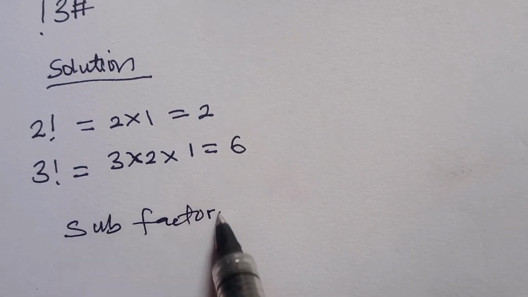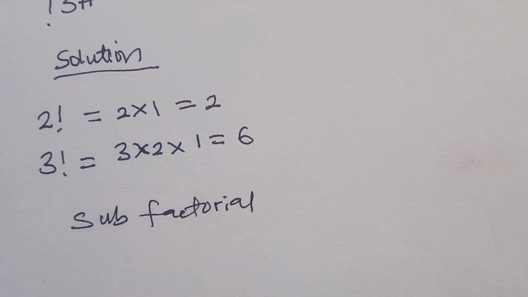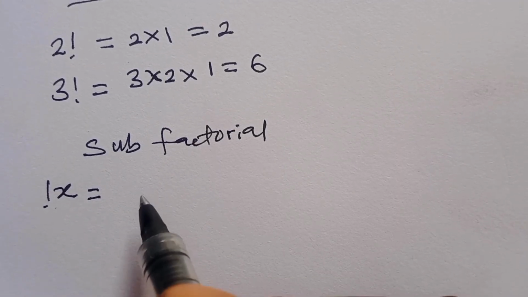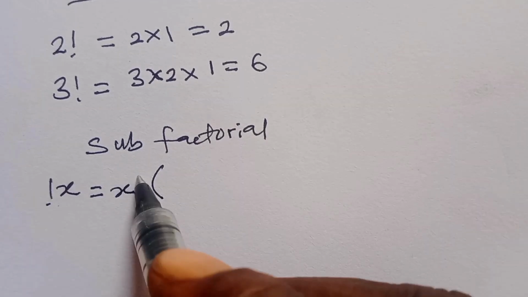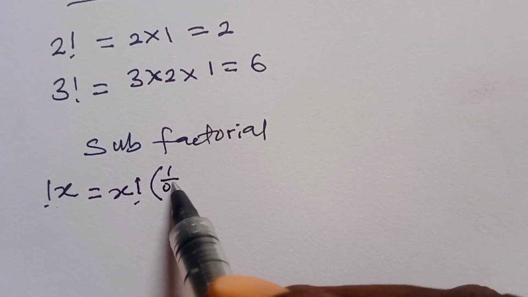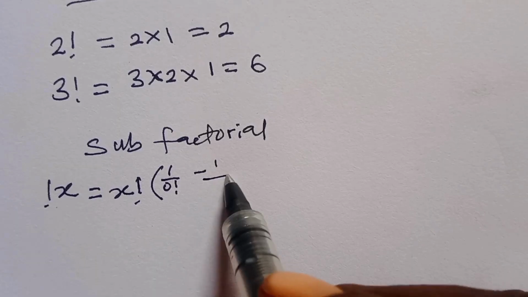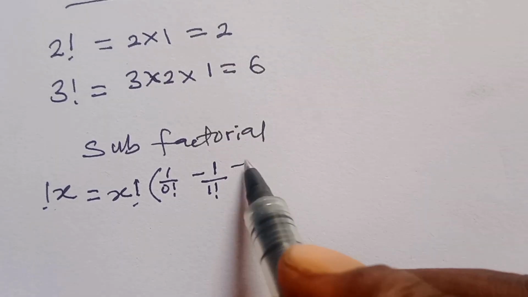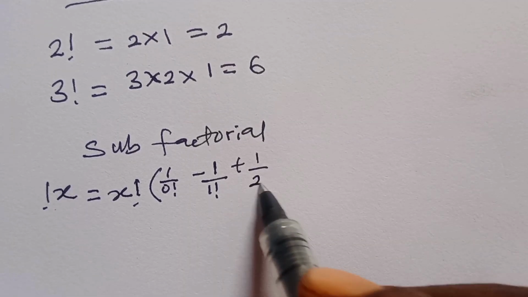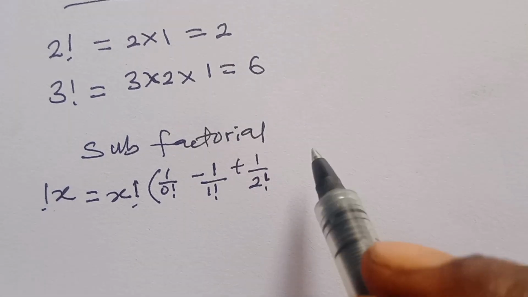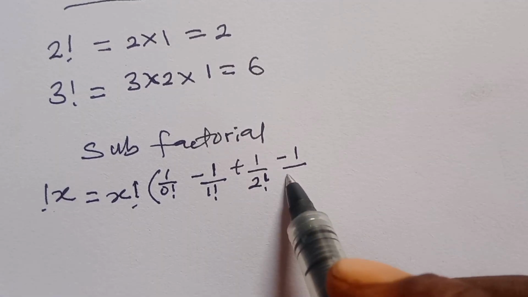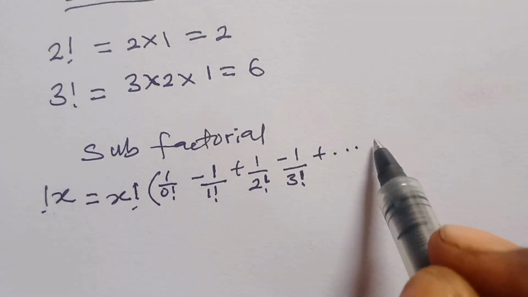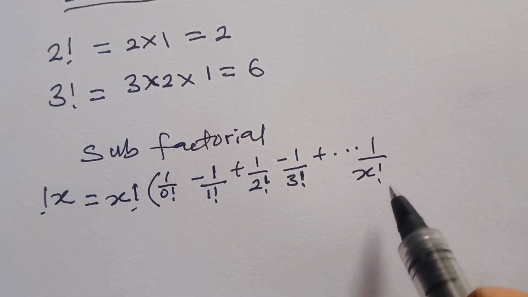For subfactorial, if you have subfactorial of x, what you are expected to do is x factorial into bracket 1 over 0 factorial minus 1 divided by 1 factorial, plus 1 divided by 2 factorial minus 1 divided by 3 factorial, plus dot dot dot, 1 divided by x factorial, then close bracket.